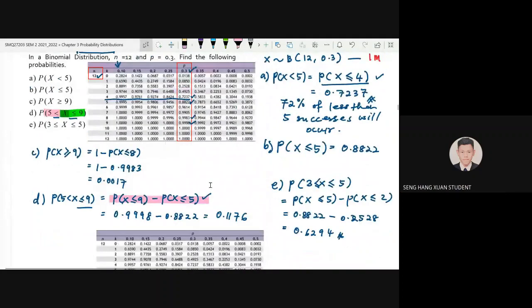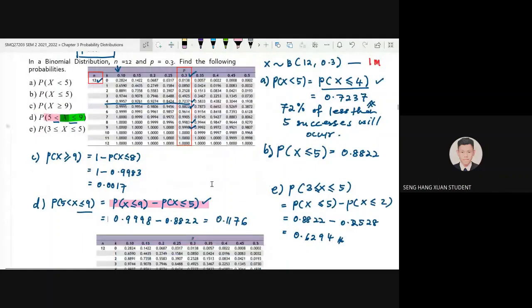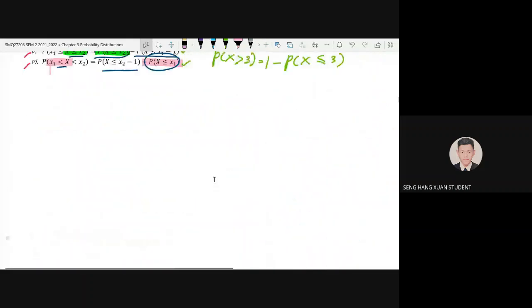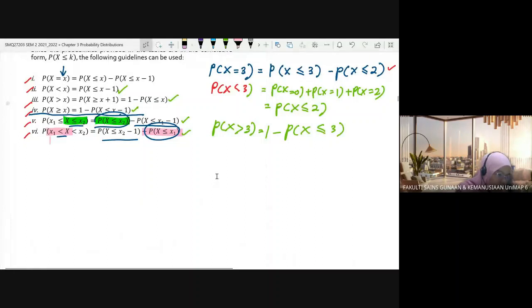Doctor, for the same question, x is greater than 5, so it's supposed to start at 6, right? Instead of 4? It's supposed to be that way. But since we are following the rule here, you see, this is the lower bound and this is the upper bound, so you are looking in between.